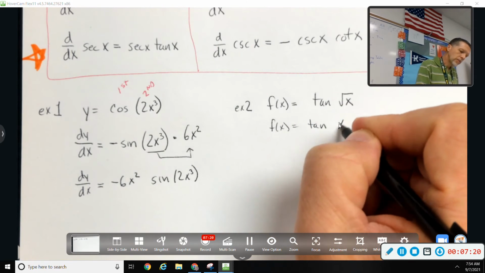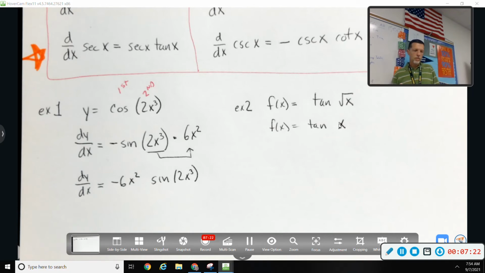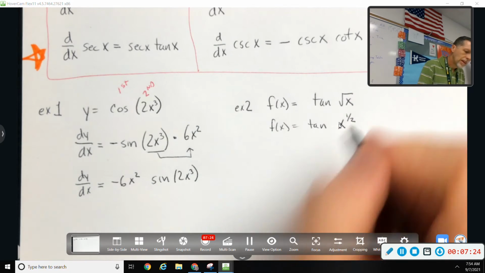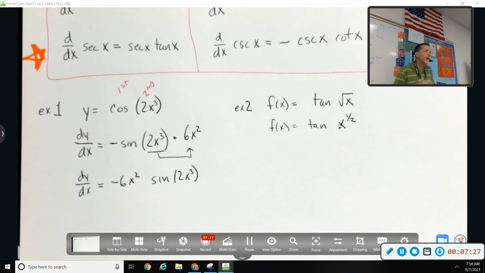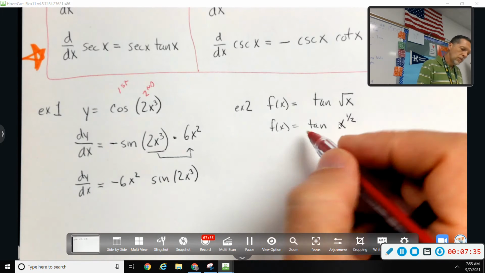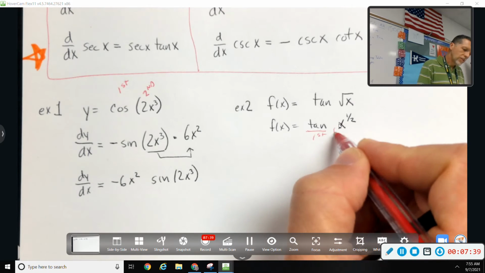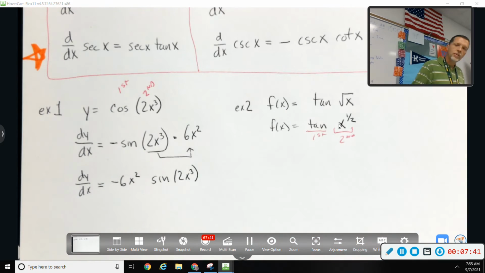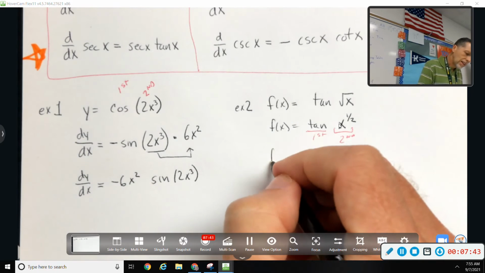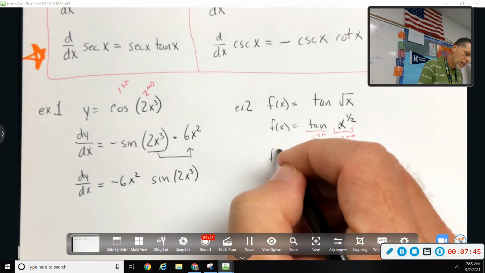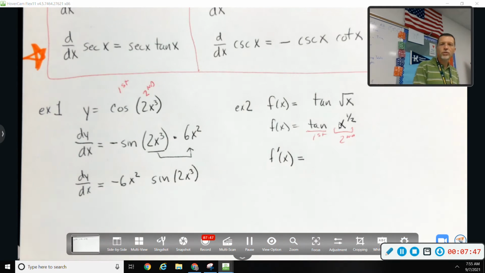What power is the same thing as a square root? 1/2. So you may get to the point where you recognize that and you handle it kind of on the fly, and that'd be great. But until then, I'm going to rewrite it. So tangent is the outside wrapper this time. So I'll do that first, and then I'll handle x to the 1/2 after that. In fact, why don't you try that one? We've got it all set up. See if you can do that one.